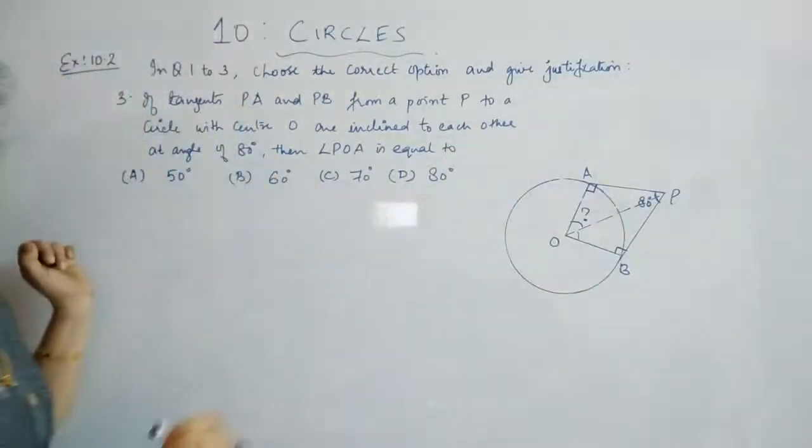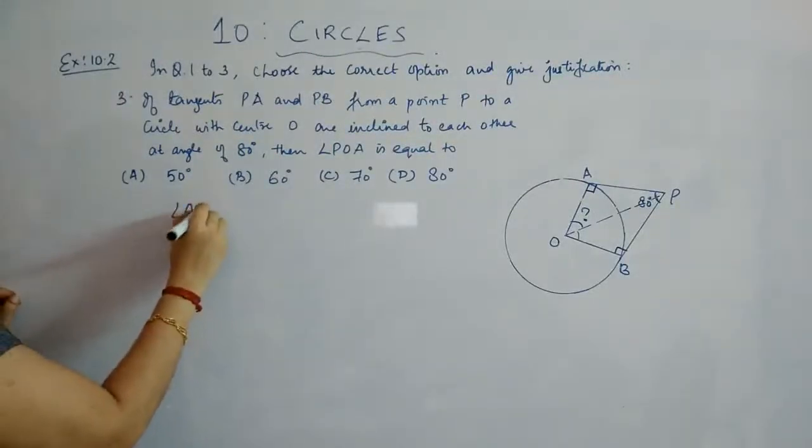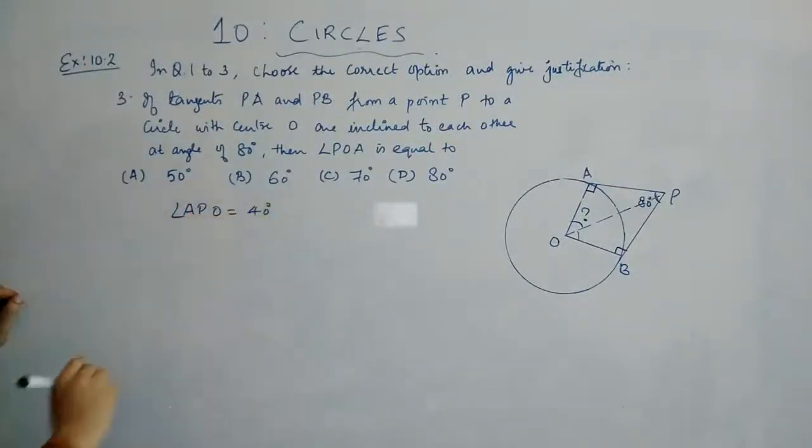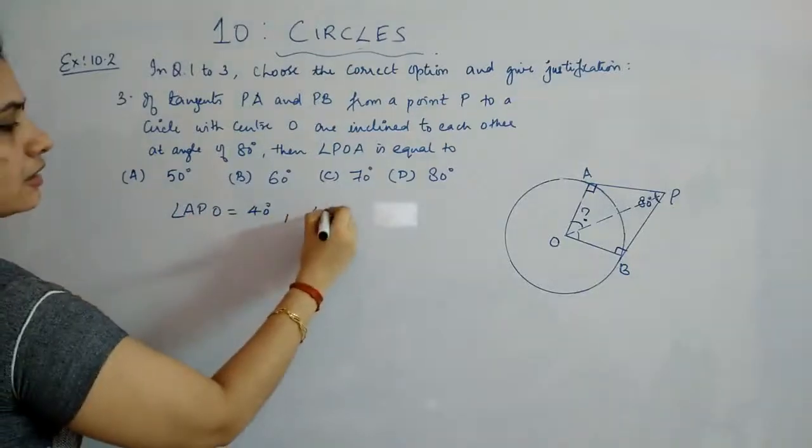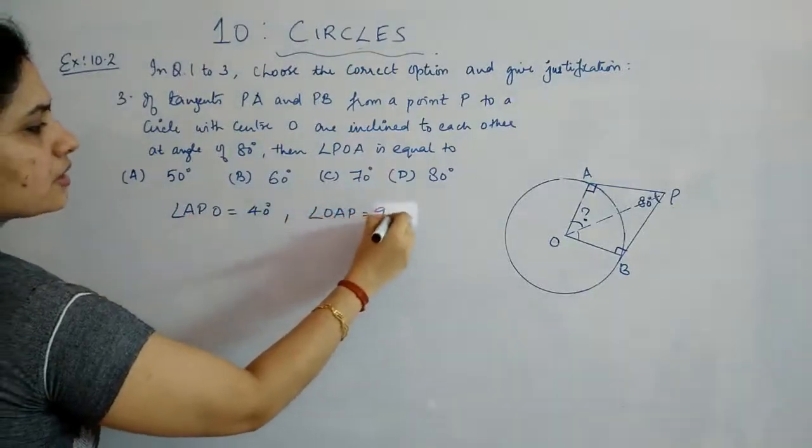So in total it is 80, which means angle APO will be equal to 40 degrees and angle OAP is equal to 90 degrees.